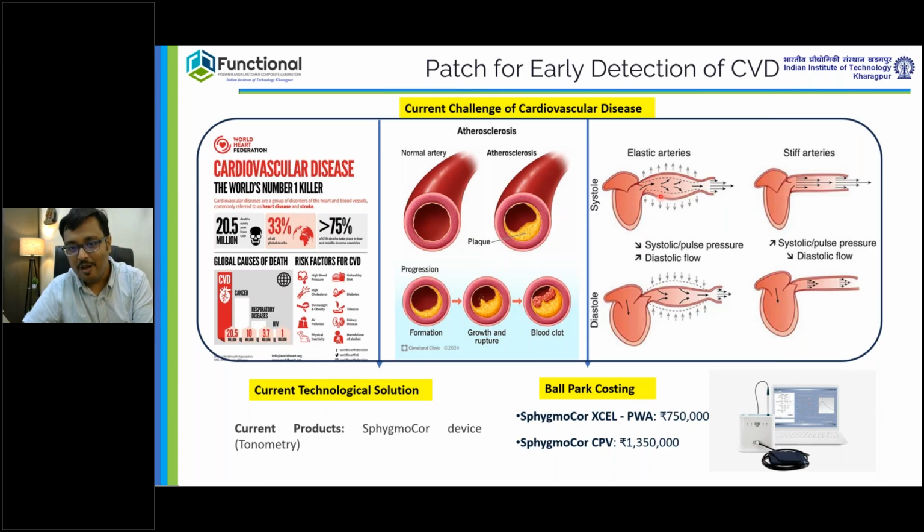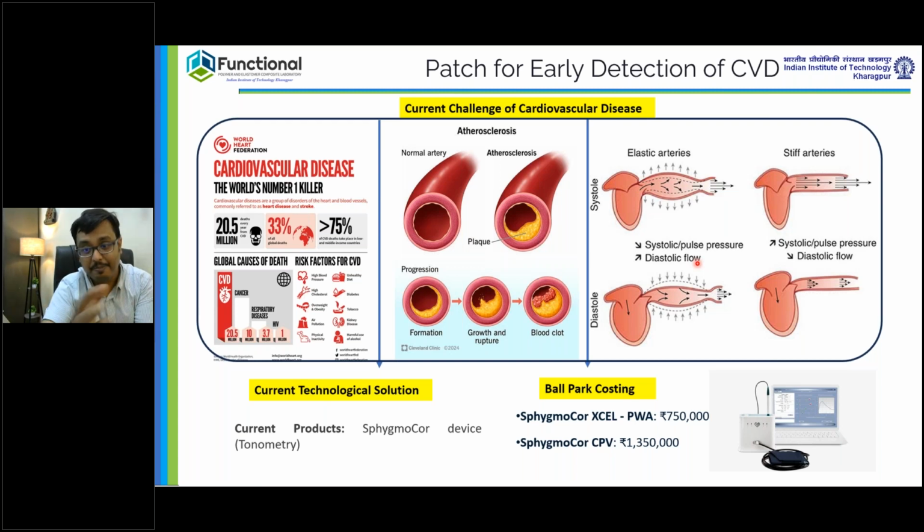Okay, we did this study, and what we thought is that we can provide a solution using a rubberized sensor which is strain sensitive, but still can give you an idea of how your pulse is, if there is any abnormality in the pulse, whether any arterial stiffness is happening or not, we can get all this information.